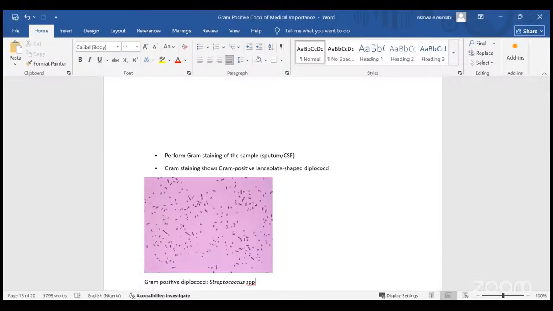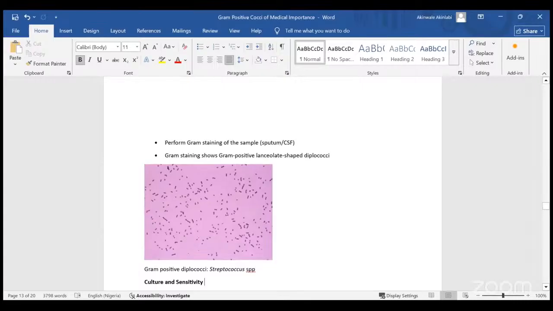Then you can still perform Gram staining on the sample. This is how it looks like. They are gram-positive diplococci, so you can't miss them.